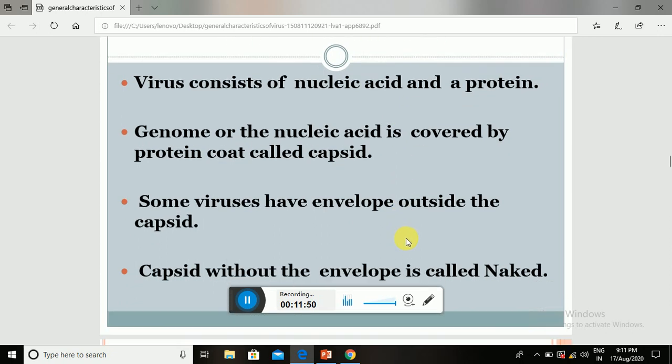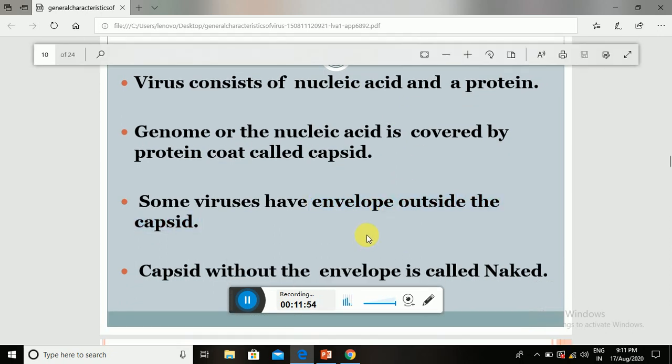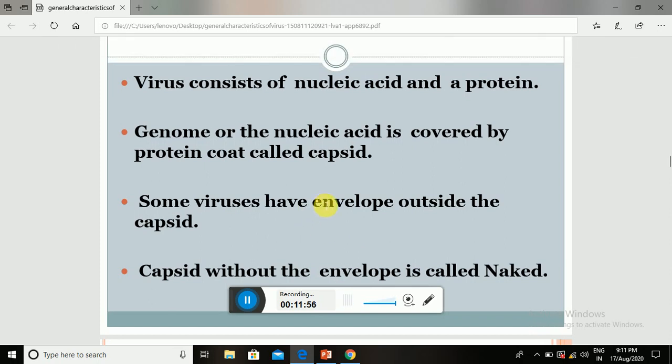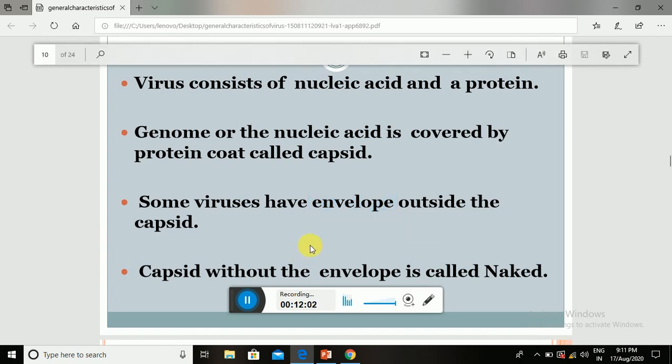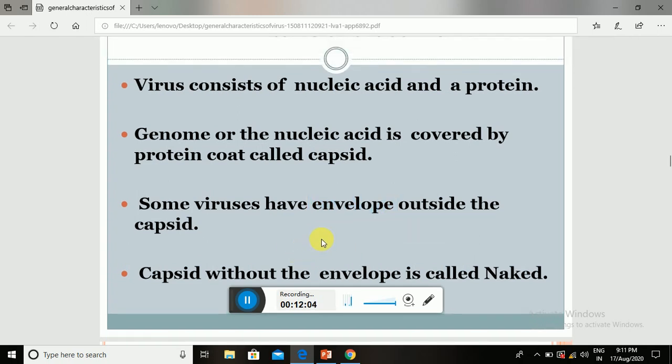Some viruses have an envelope, an extra protecting layer outside the capsid, and it is gifted by the host. In all such viruses, the envelope comes from the host cell.